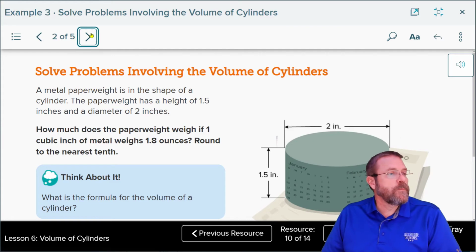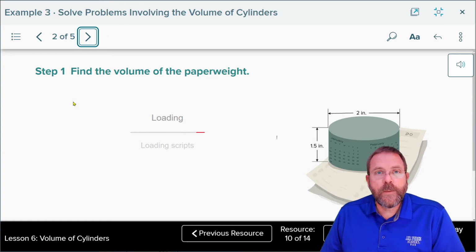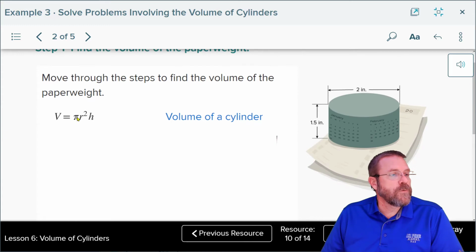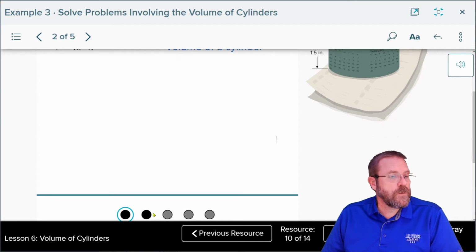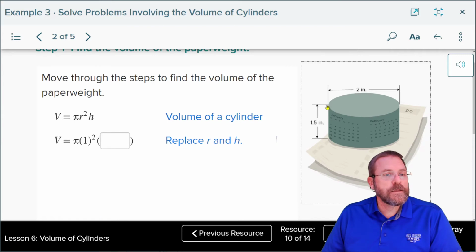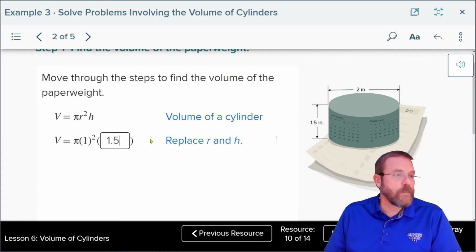Moving into the problem, the first thing they're going to do is find the volume of that paperweight, and they use pi, their version of it, which says volume equals pi times radius squared, the base area, times the height. After they have that, that means the radius is going to be 1, because the radius is half the diameter, and the height here is going to be 1.5.